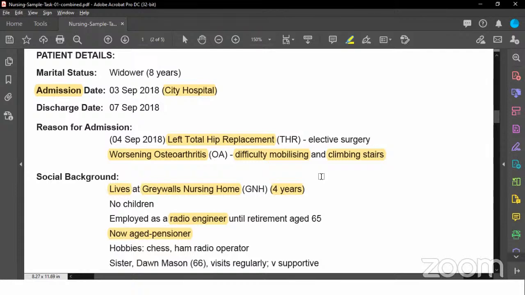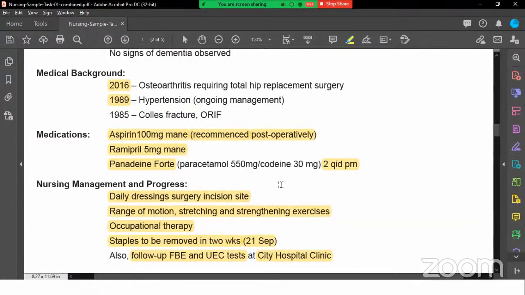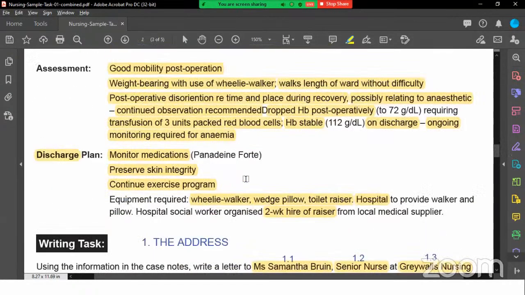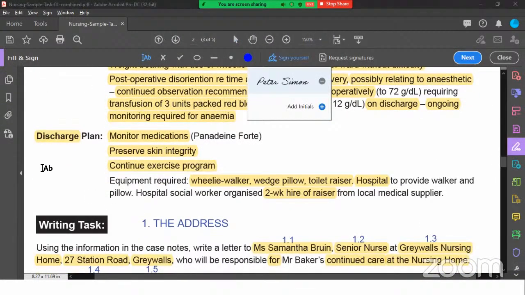So you need not tell them about many things. What you have to tell them is what they should do when he reaches Grey Walls Nursing Home. That is given in the discharge plan. This is more important, so this will go into body paragraph 3.